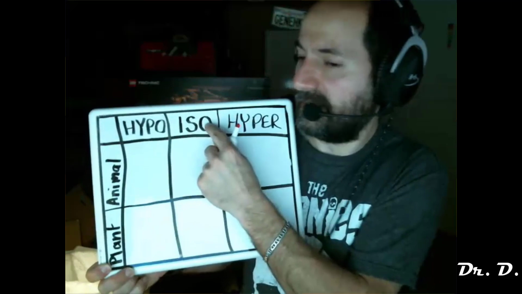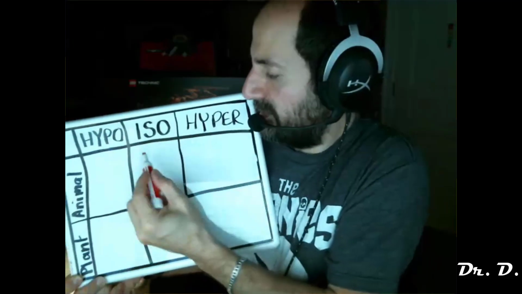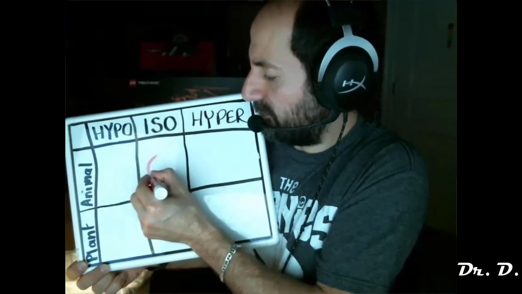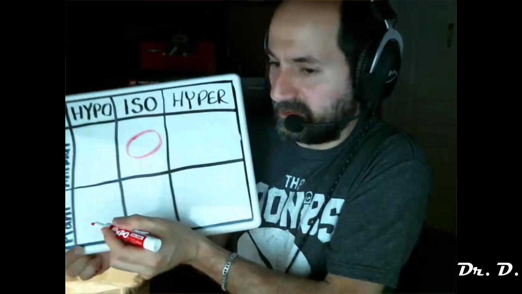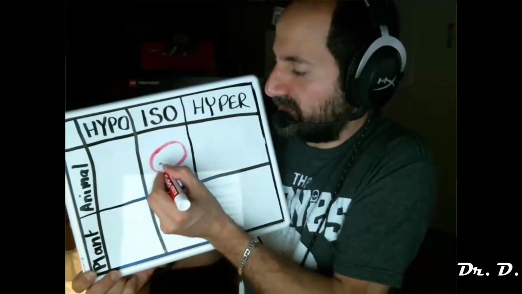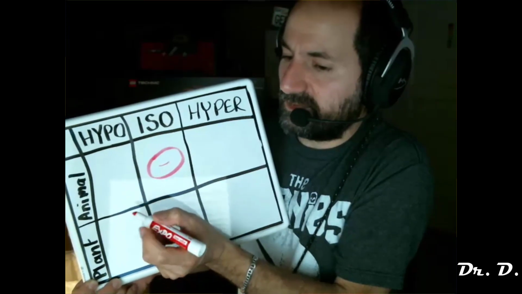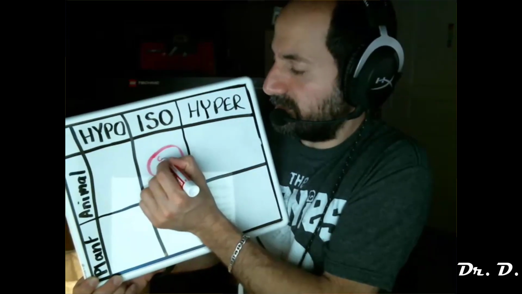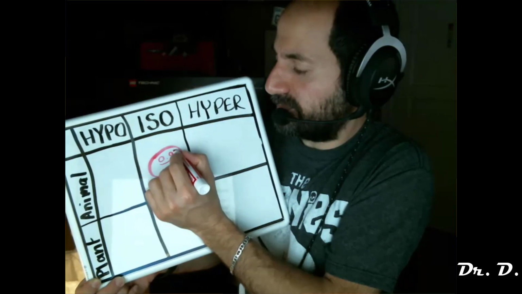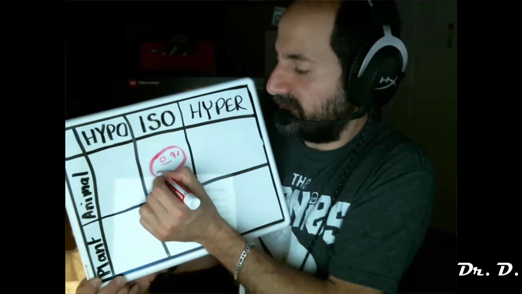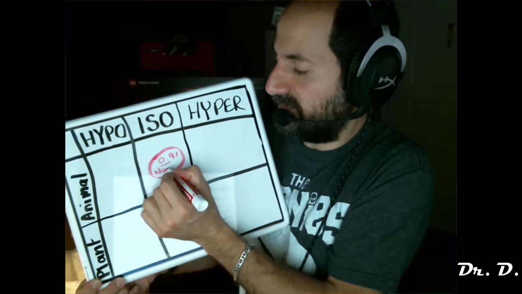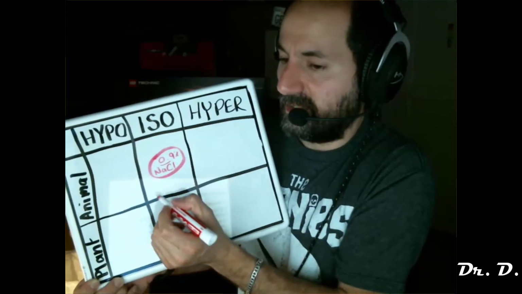Remember, isotonic solutions. In this case, you have a red blood cell. Hopefully you can see all that. Red blood cells have what concentration of salt inside? I said 0.9% salt, NaCl. Okay.